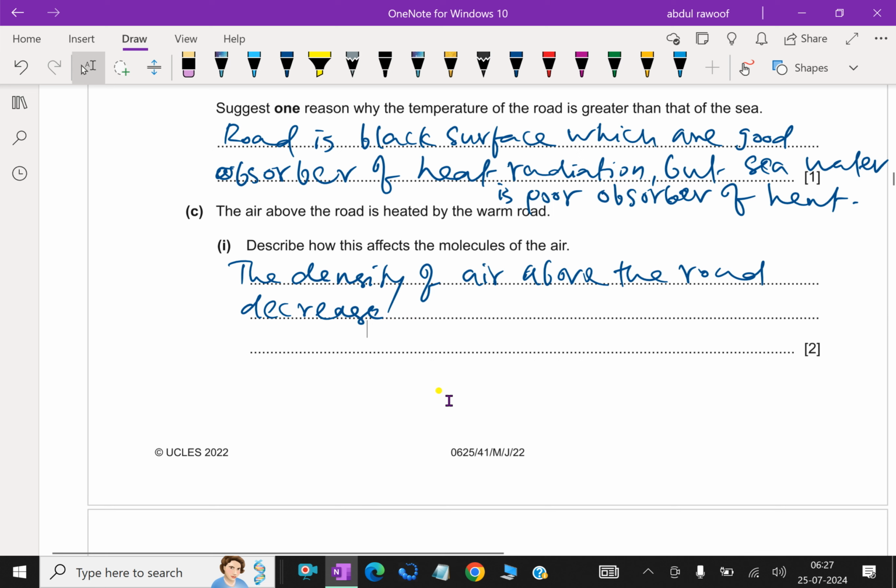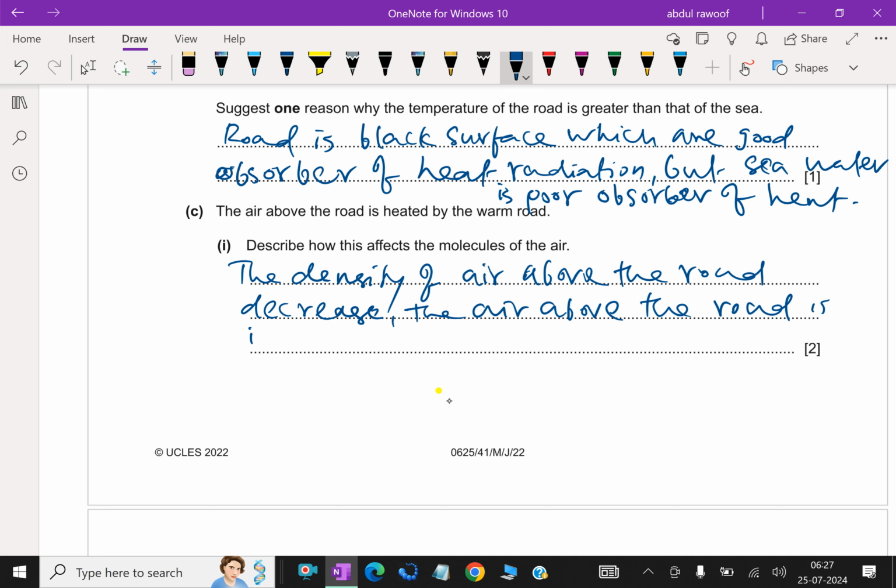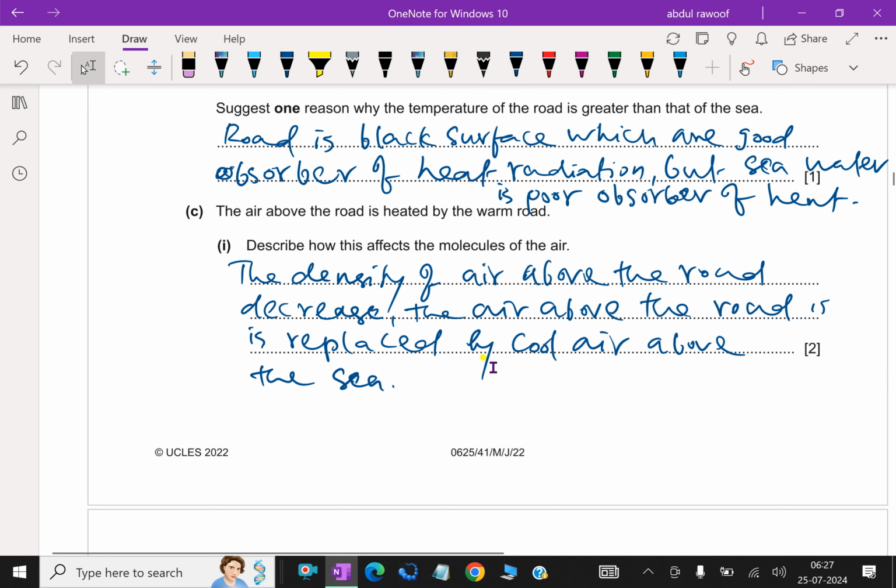Then the air above the road is replaced by cool air from the sea. That means by convection. This method is convection of heat transfer.